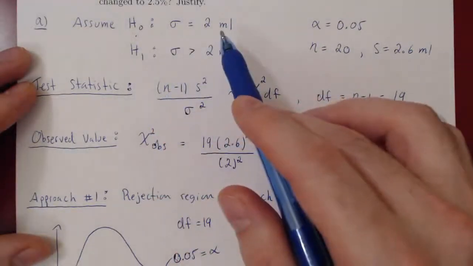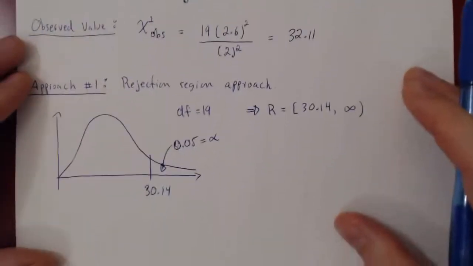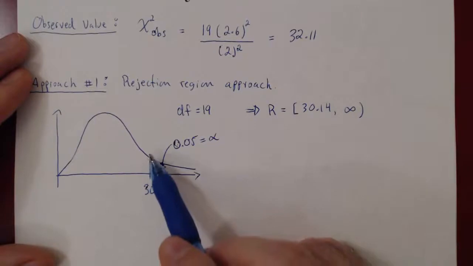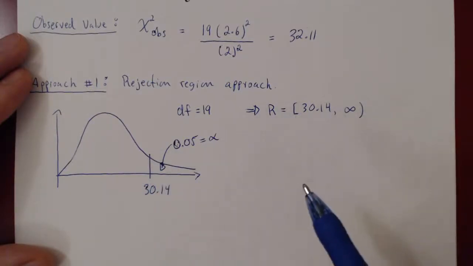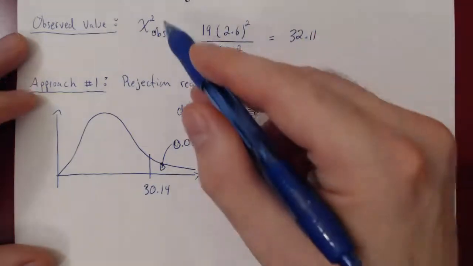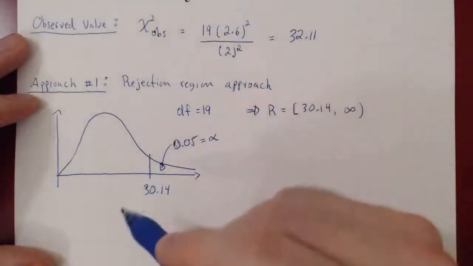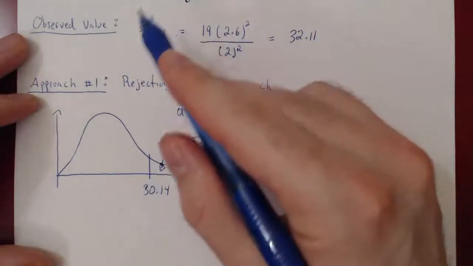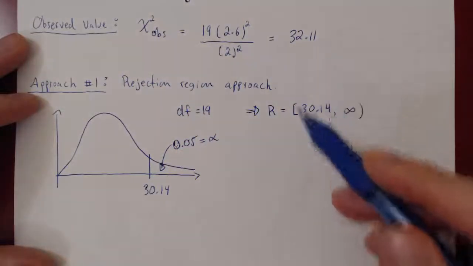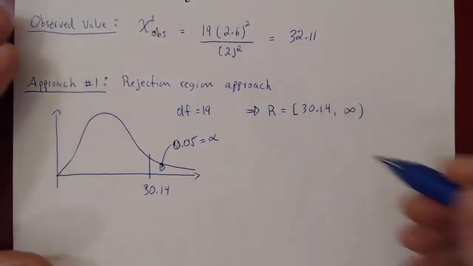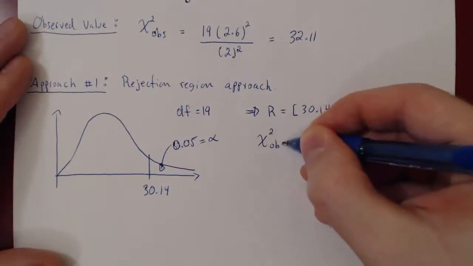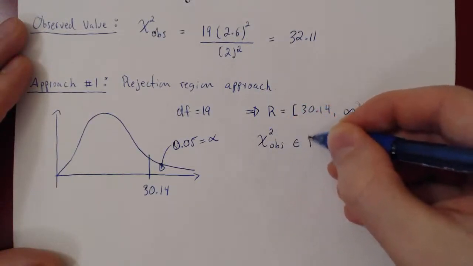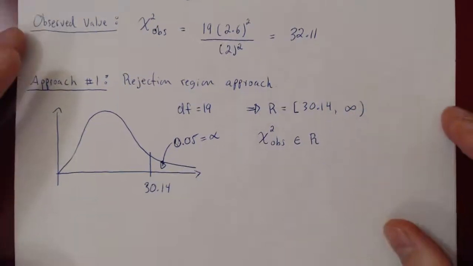If H0 is true, then this interval contains the larger 5% of values. We took a sample of 20 bottles and obtained an observed chi-square of 32.11. What's interesting is that our observed value of chi-squared actually belongs to our rejection region.